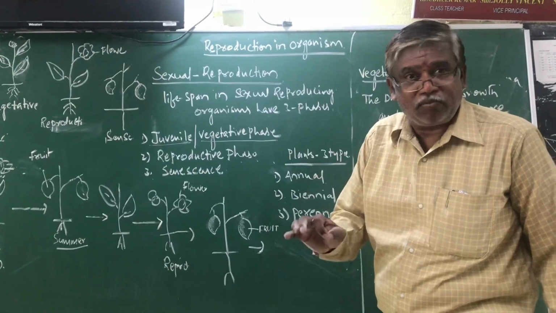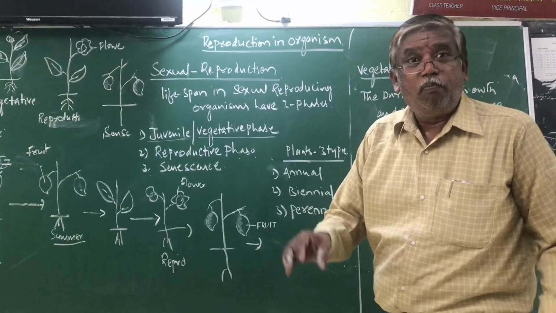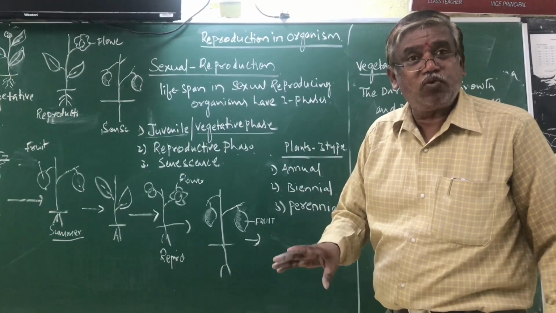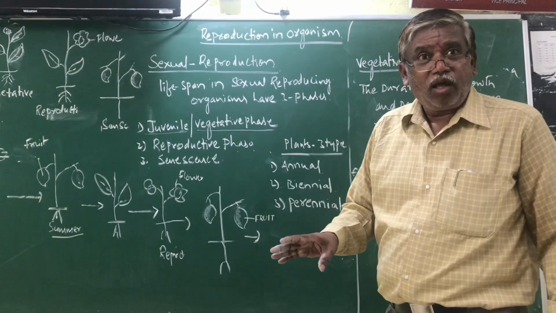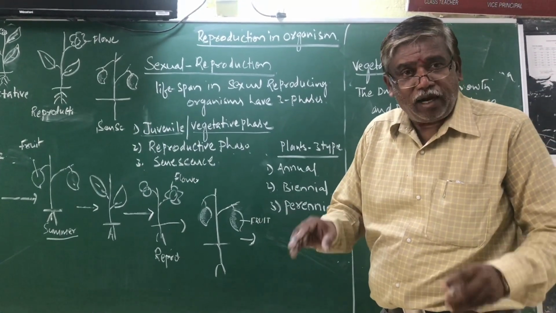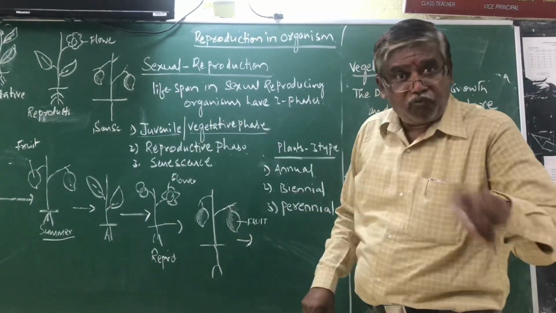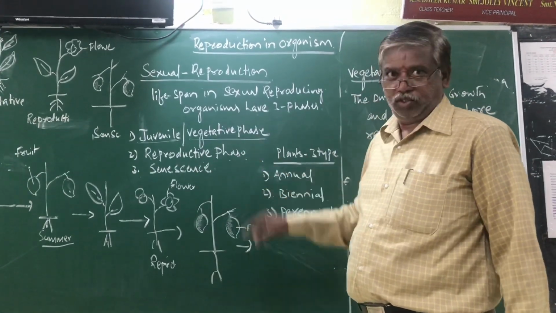Any organism in nature does not show sexual reproductive activities by birth. That means lifespan begins with the vegetative phase, after that the reproductive phase. Now come to the reproductive phase.